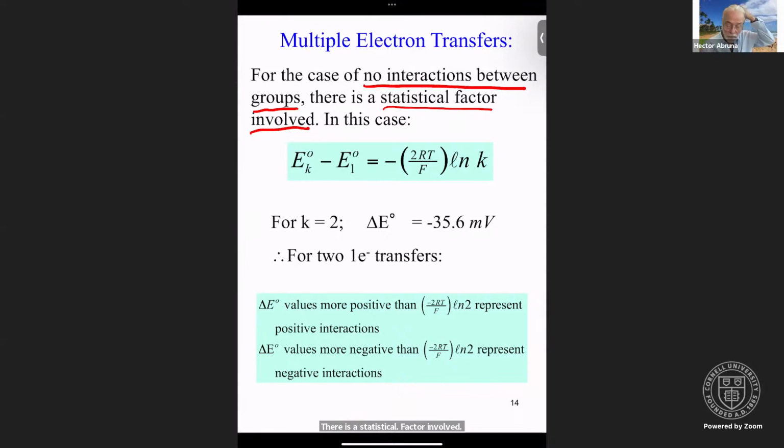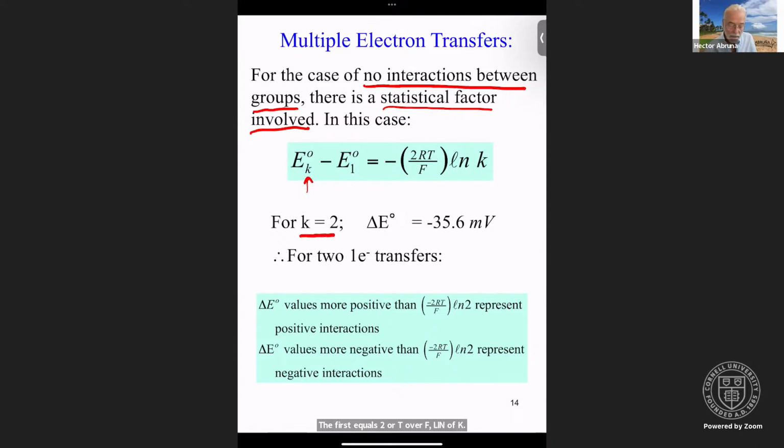And that turns out to be given by this expression, where this is the total number of electron transfers minus the first equals 2RT over F ln of K.